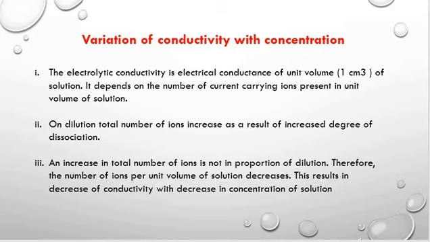And on dilution, the total number of ions increases, which increases the degree of dissociation also. But the increase in total number of ions is not proportional to dilution. Therefore, we can say here the number of ions per unit volume in solution decreases. This results in the decrease of conductivity with decrease in concentration of solution.